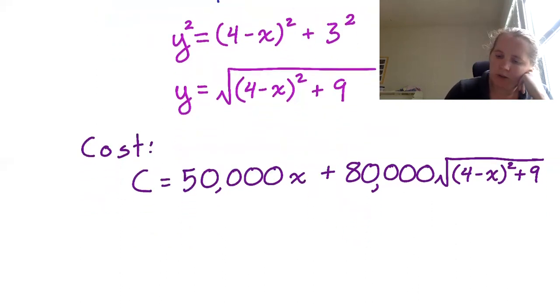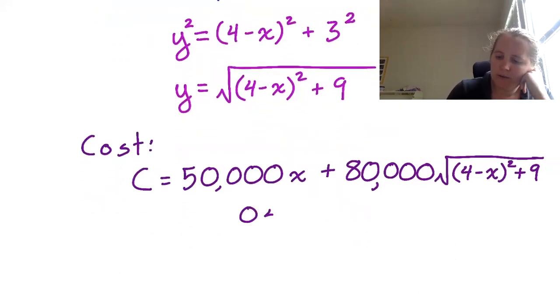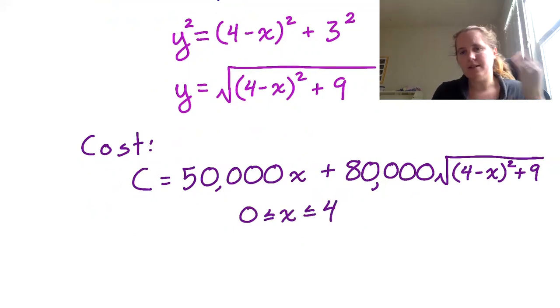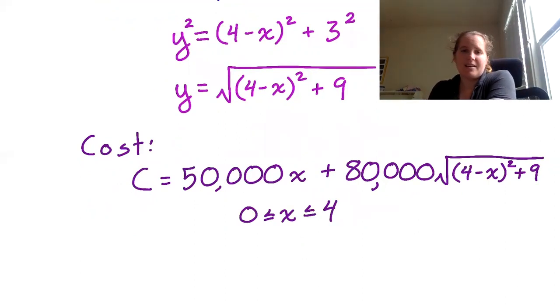Again, we know that X is trapped between 0 and 4. It wouldn't make sense to go past the offshore facility and then cut back. We'd just be adding extra power line.